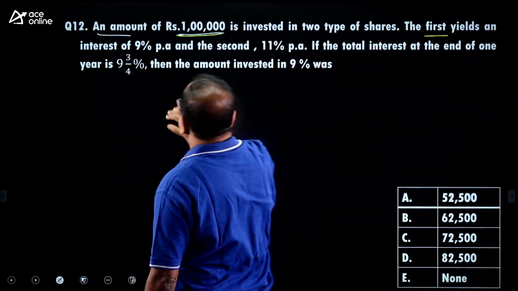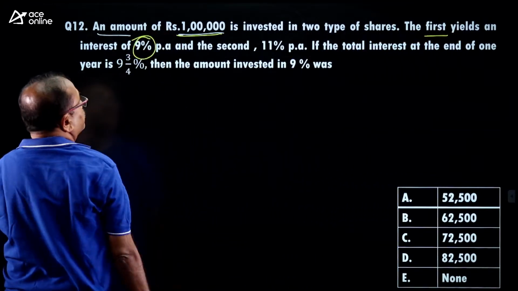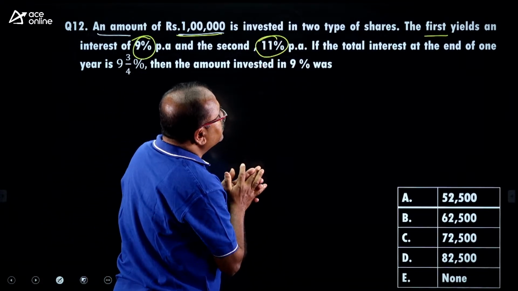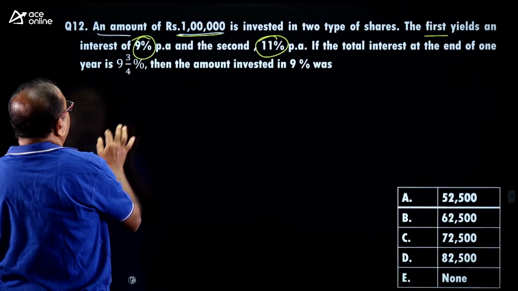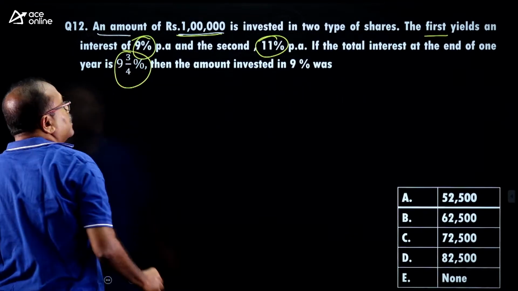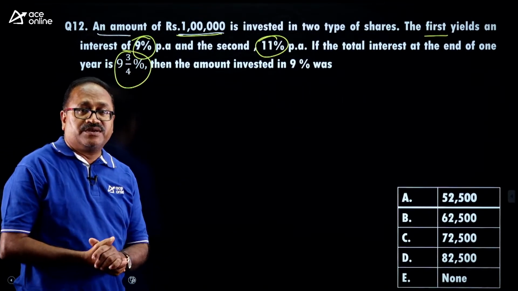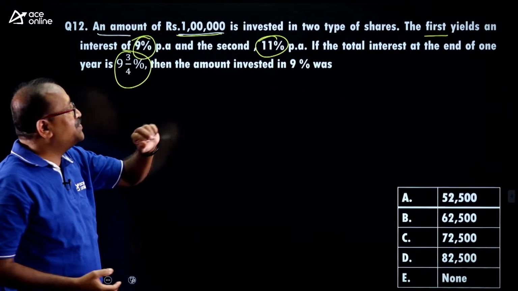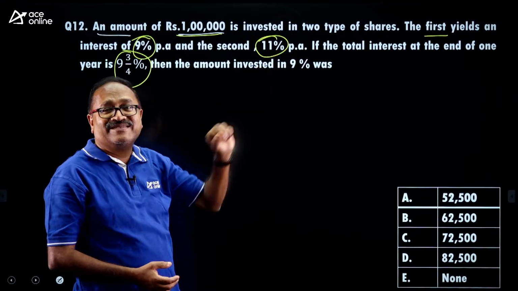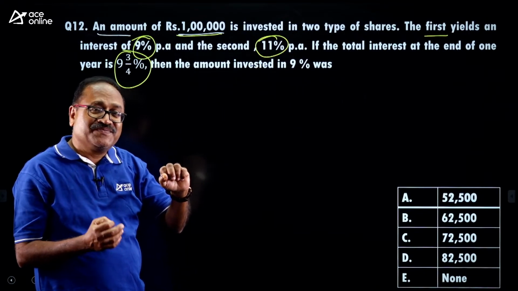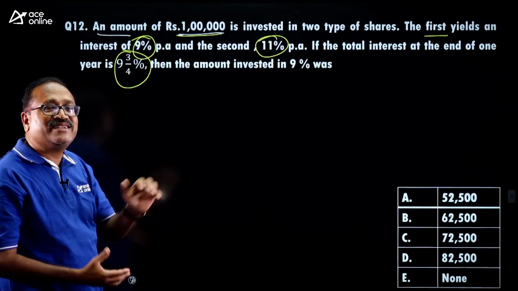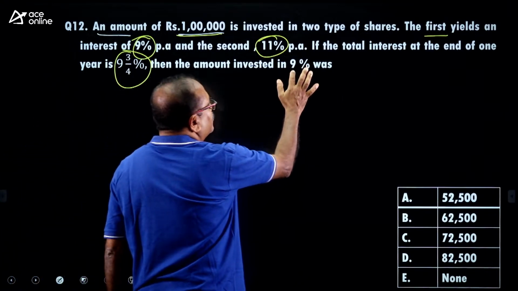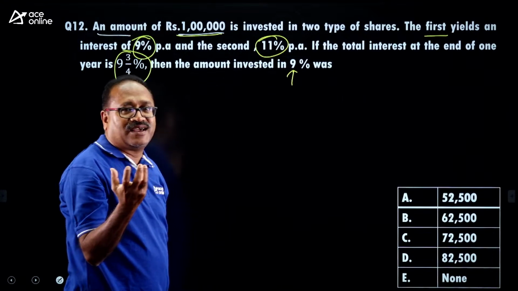The first yields 9% per annum and the second one 11% per annum, and the total interest at the end of the year is 9 3/4%. So we know the lower rate of interest, we know the higher rate of interest, and also we know the mean rate of interest. So you are asked how much amount is invested at 9%.